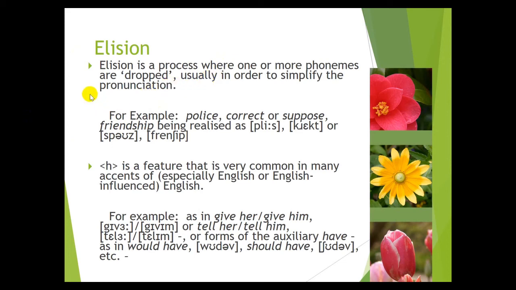But one thing we have to remember is the omission of sound in American English. For example, if you see the movie, instead of saying 'give her' or 'give him', they say 'giver', 'give'im'. Instead of 'tell her' or 'tell him', they say 'tell'er' or 'tell'im'. Is it the same as the progressive assimilation example before?